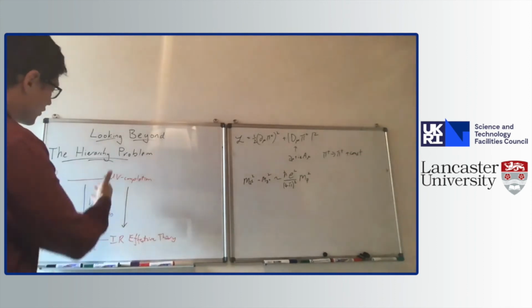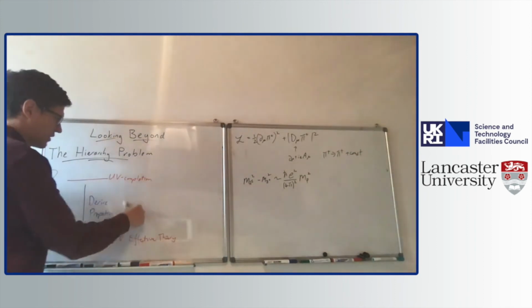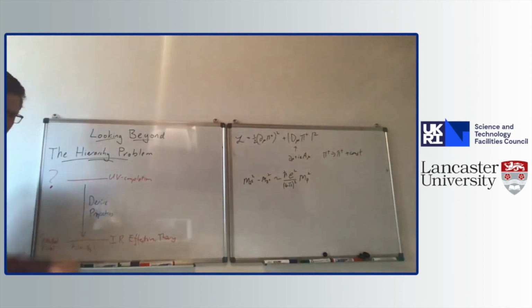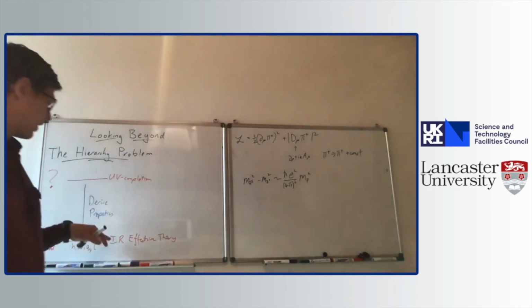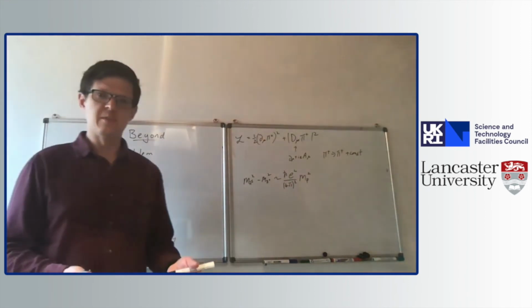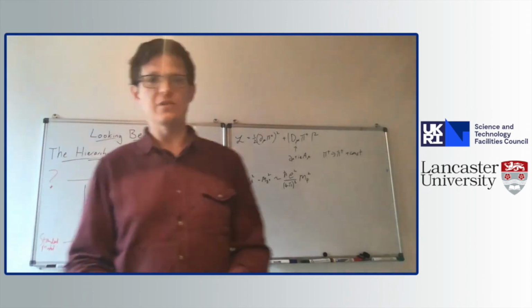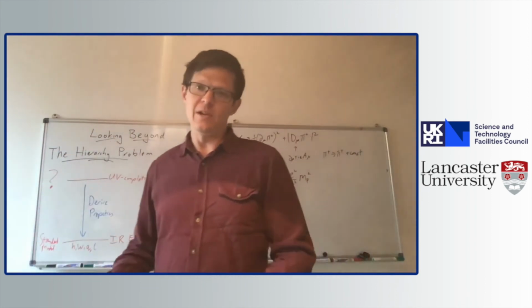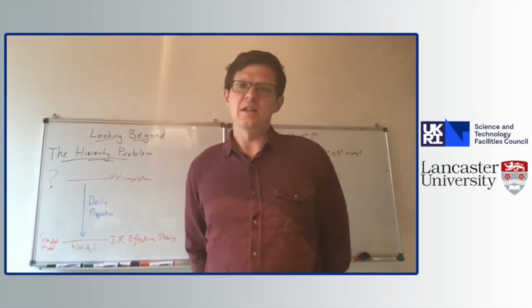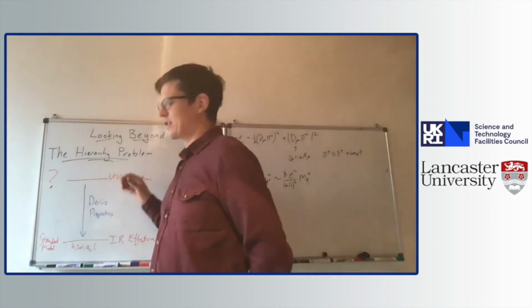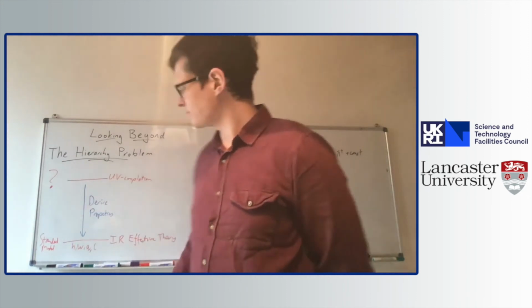And whatever that UV completion is, we would expect to be able to derive the properties of the IR effective theory from it. Now, the IR effective theory does break down at some energy scale, so we can't ignore this fact. We can't just explain it away by saying, well, I don't like that. That's simply not an option. So there will be some UV completion of the standard model.